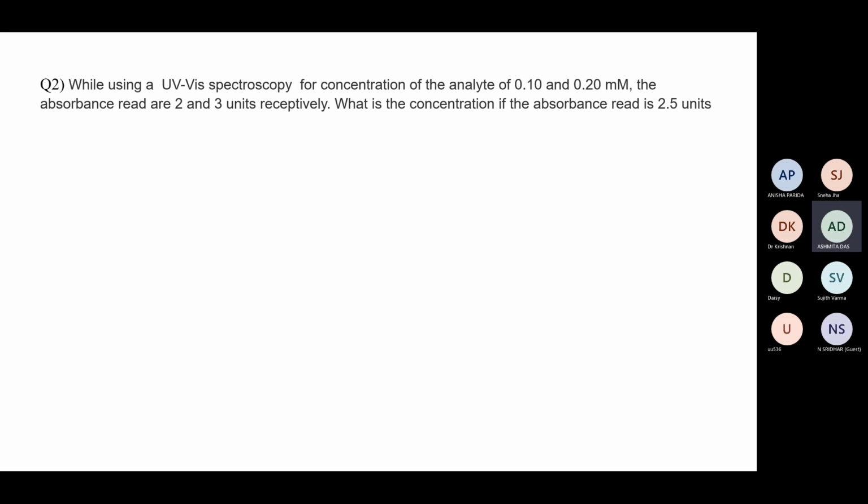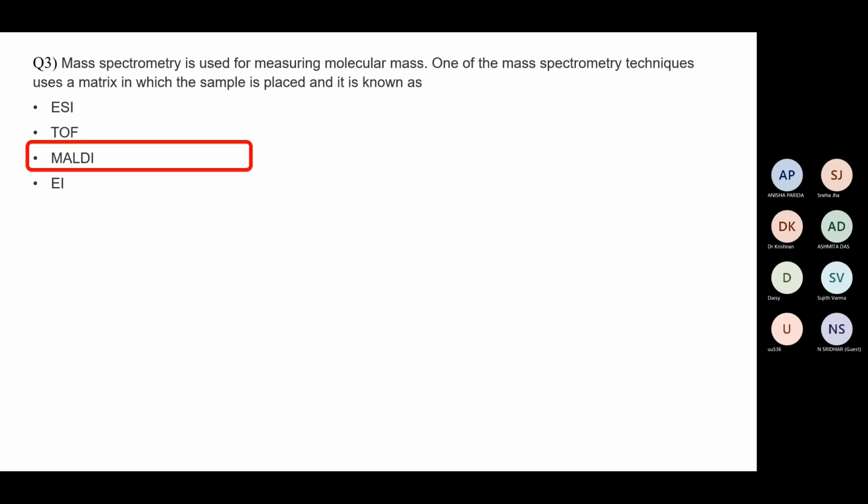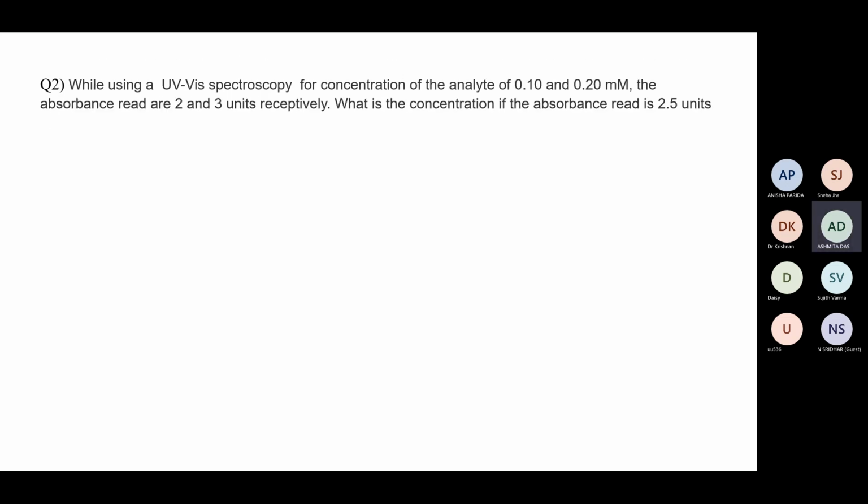So the correct answer to this question is, here we assume linear dependence of the concentration C on the absorbance A. We use the straight line equation where C is the unknown concentration, minus C1, the initial concentration, that is 0.1, over C2, that is 0.2, minus C1, again 0.1.